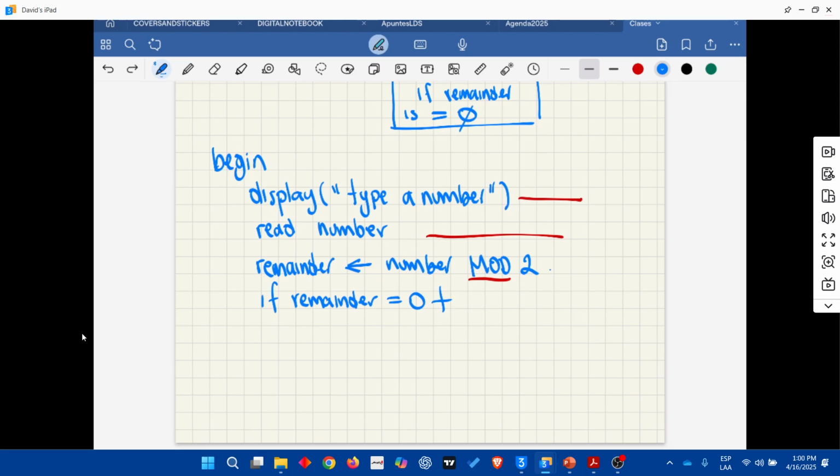then here I'm going to display "the number is an even number."